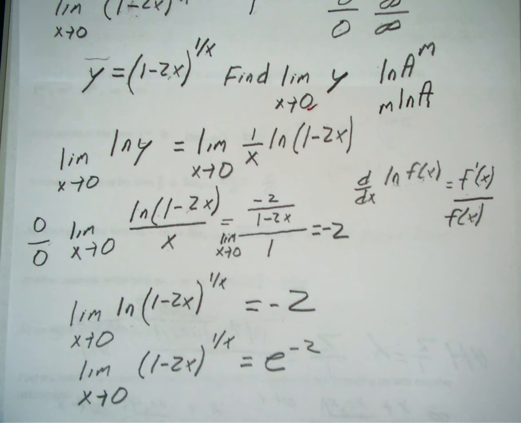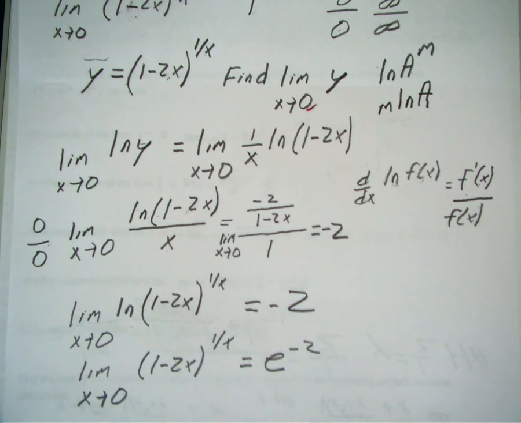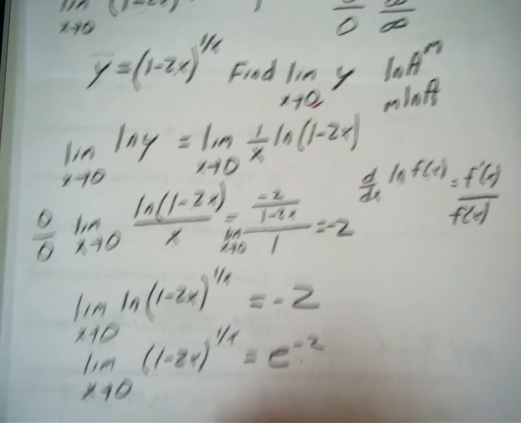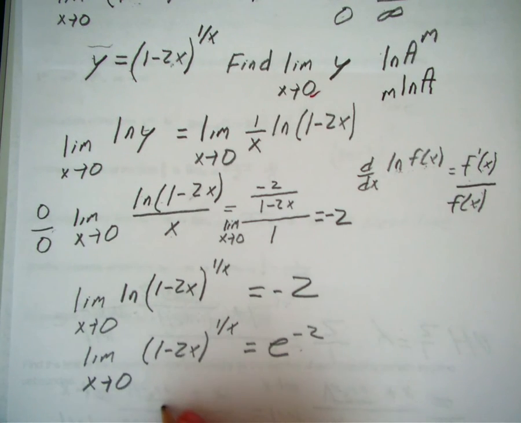Depending on how much you're into math, what we've actually done is shown a definition of e based on the limit here. Notice that this minus 2 is all that came out of this. This is literally a definition of that mysterious number called e.